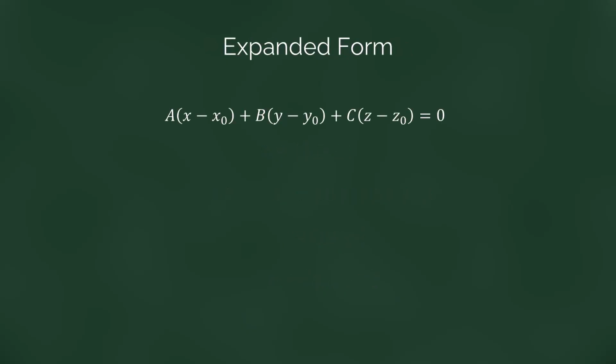We can expand that out into a slightly more useful form that looks like a times x minus x naught plus b times y minus y naught plus c times z minus z naught equals 0, where x naught, y naught, z naught, again, is our point, and a, b, and c are the components of our normal vector.